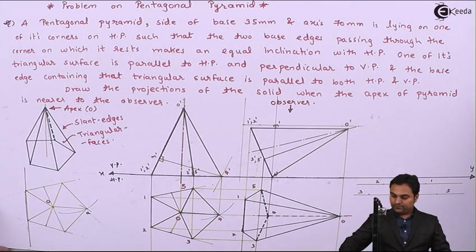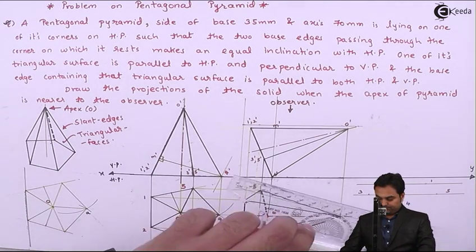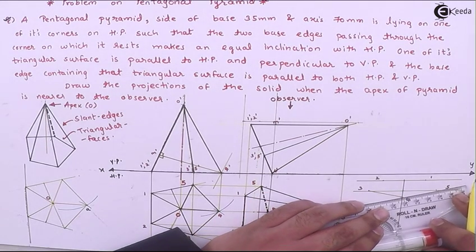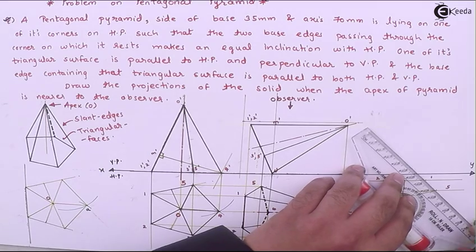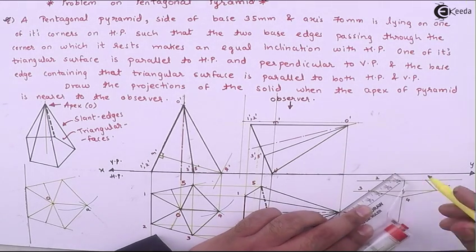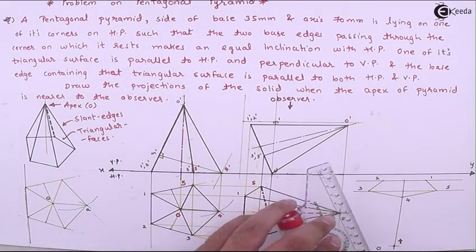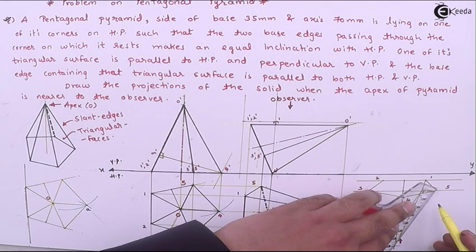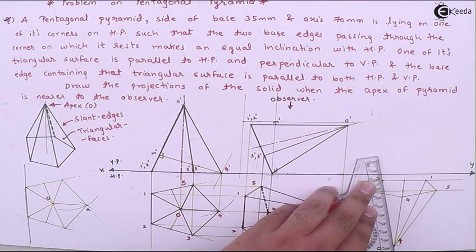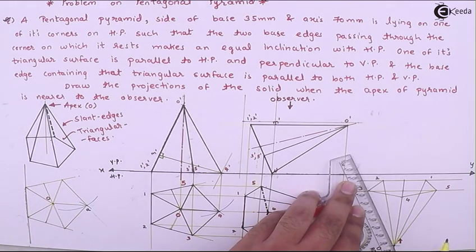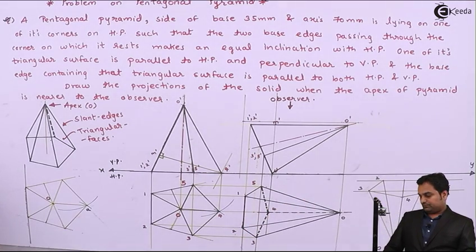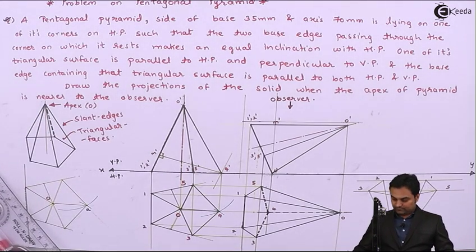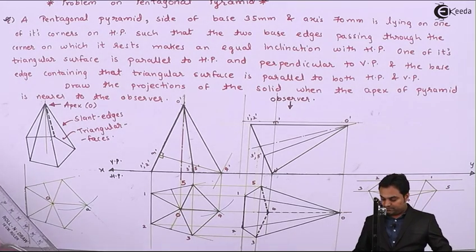Next, joining them with the light line first to complete the pyramid. Now I'll make it dark. Edges O21 and O22 are dark.